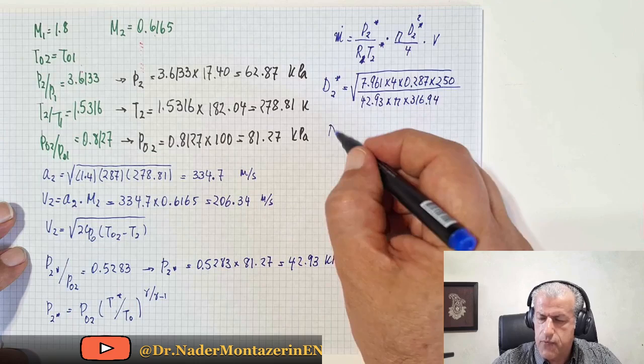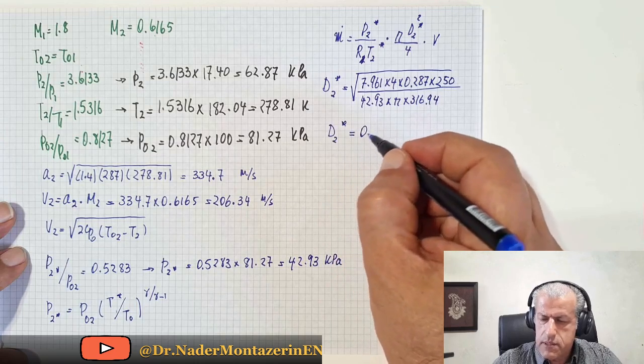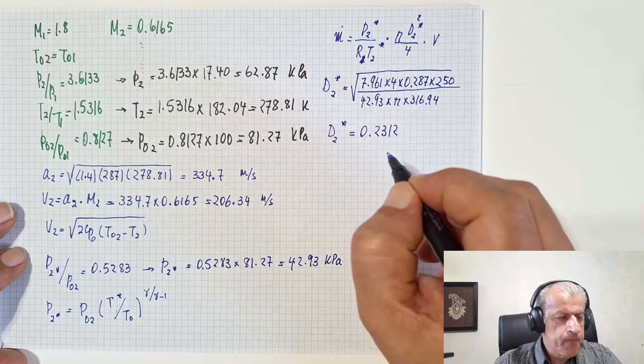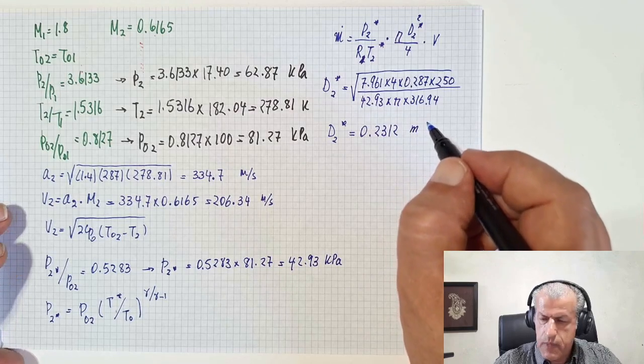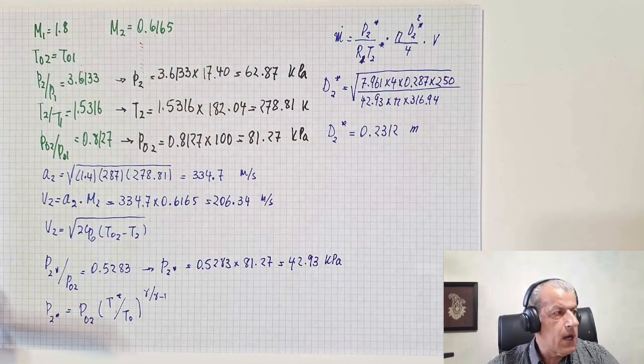And the outcome for D2 star would be 0.2312 meters.